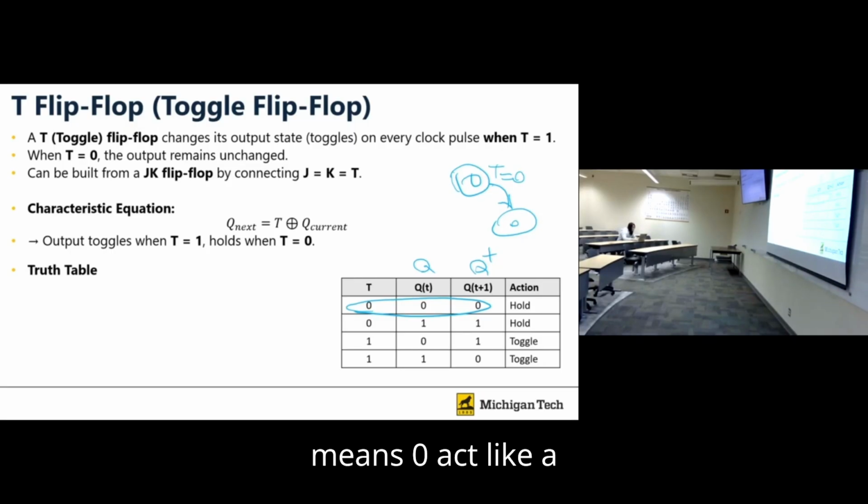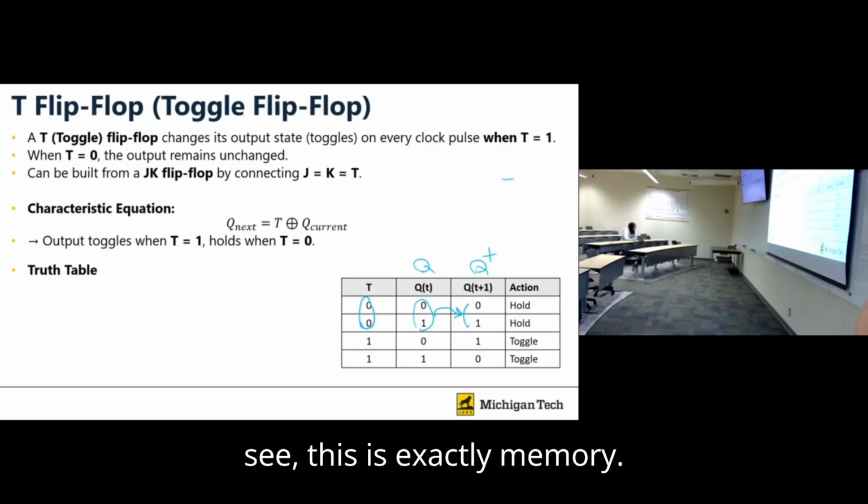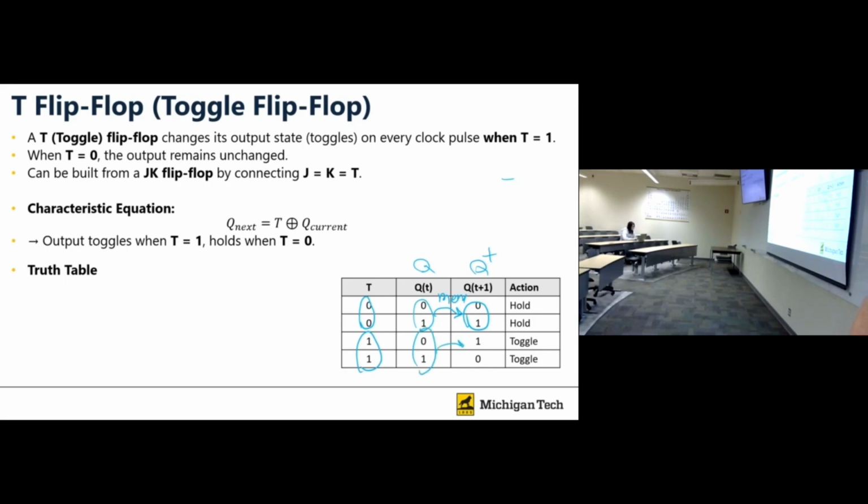It means 0 acts like a memory. As you can see, this is exactly memory. And when T is 1, it toggles. That's a T flip-flop.